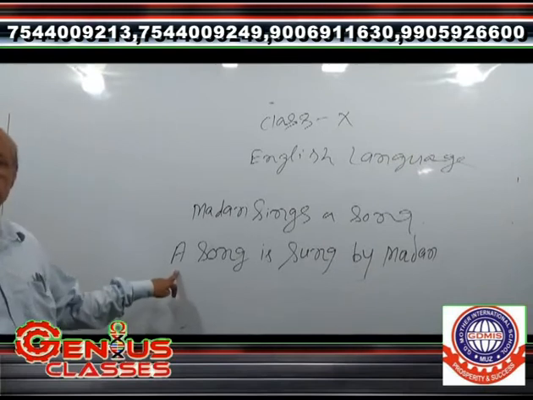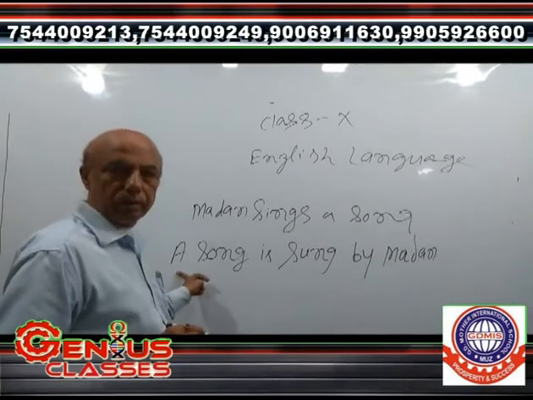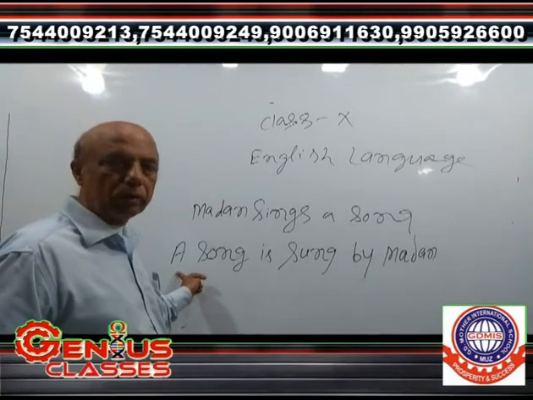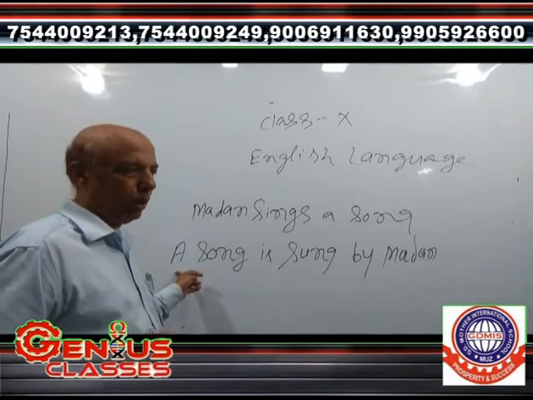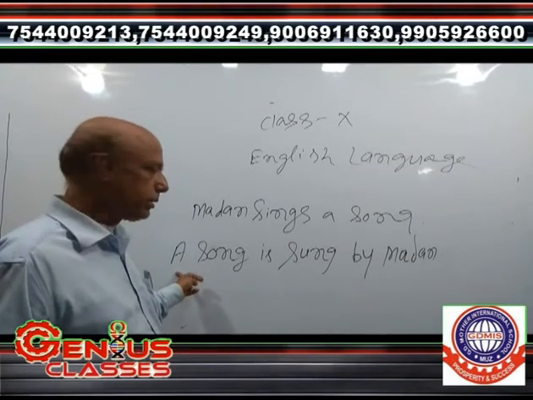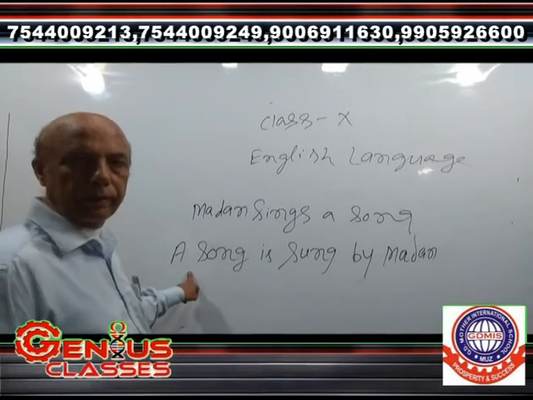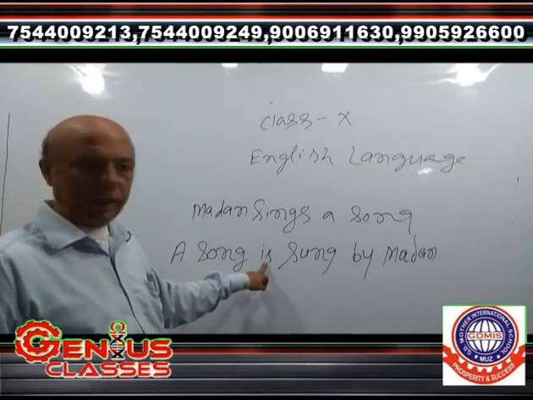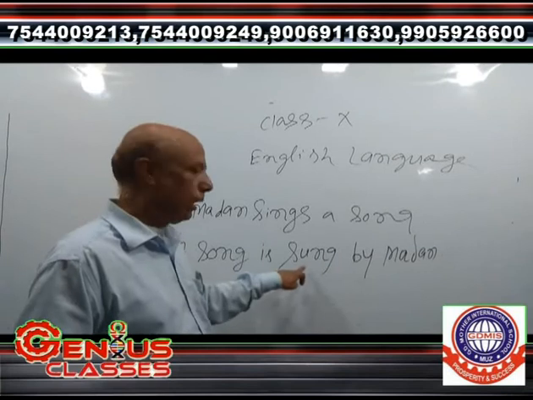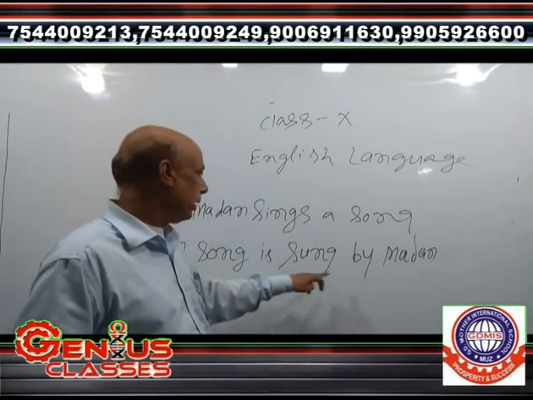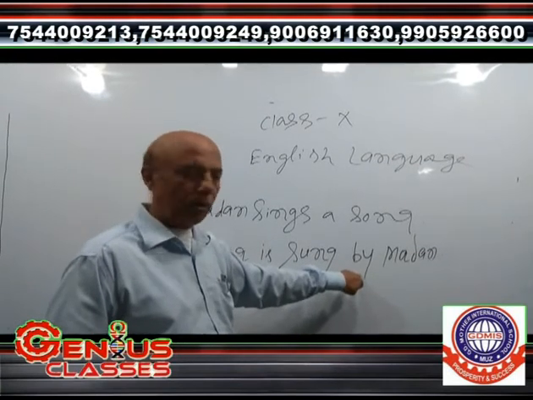It is also in the simple present, and all the rules of changing from active to passive have been applied. A song has been written here. It is in the present tense, and V3 is always used, and by has been used before that very object.